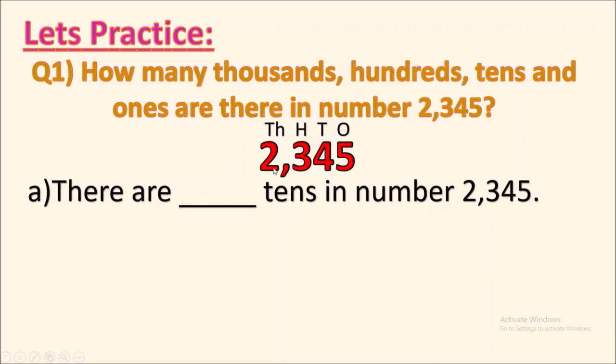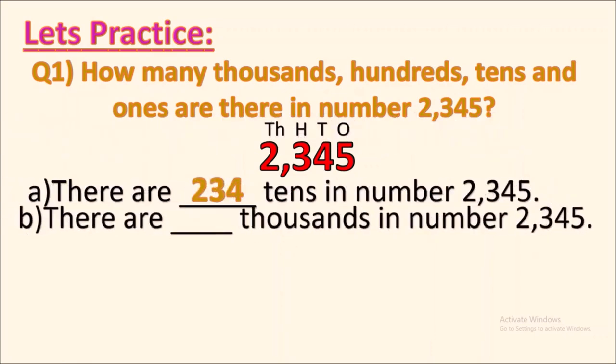So how many tens? We have to take the digits till the tens place. So 2, 3 and 4 are the digits till the tens place. We will be leaving out the ones place because we have to take the digits till the tens place only. So the answer will be 234 tens.